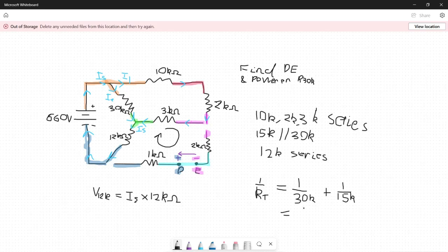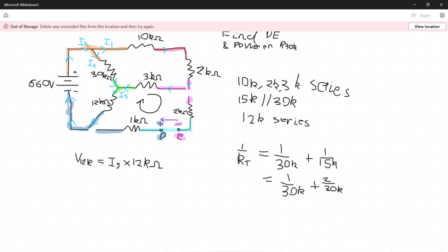Well, that'll give us 1 over 30, don't forget the K, plus 2 over 30. And then we can get that this is going to be 3 over 30 kilo ohms.